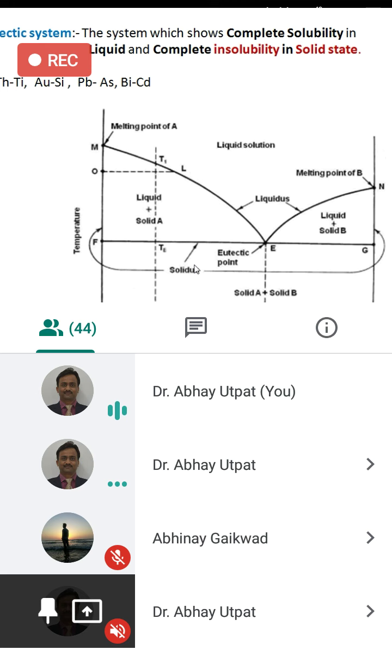I repeat once again: lead, arsenic. As is arsenic. And fourth, bismuth, cadmium. So all these 4 examples are for eutectic system, but these are examples of pure eutectic system.